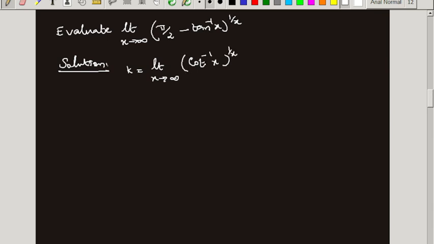So here if we apply the limit, we get tan inverse of 0 is 0. So this is nothing but 1 by 0, infinity power.